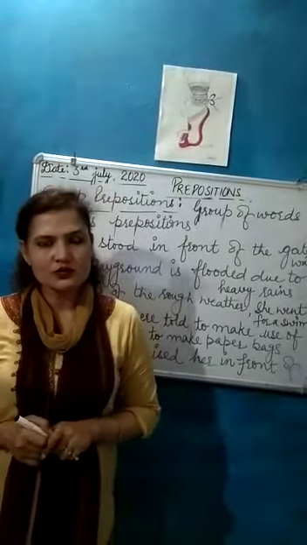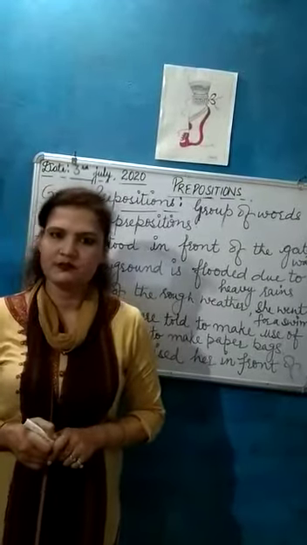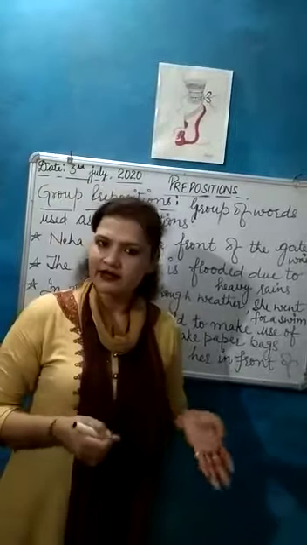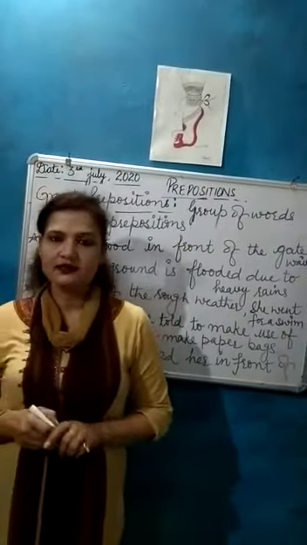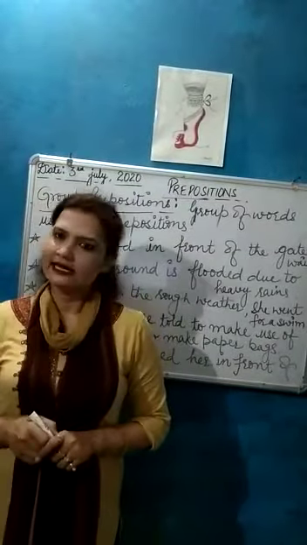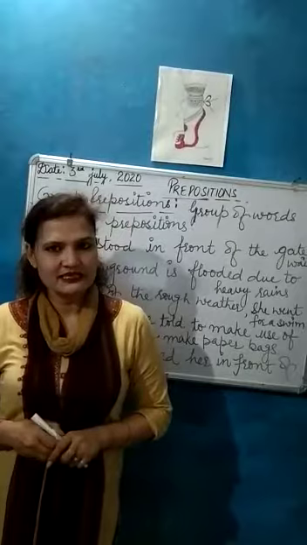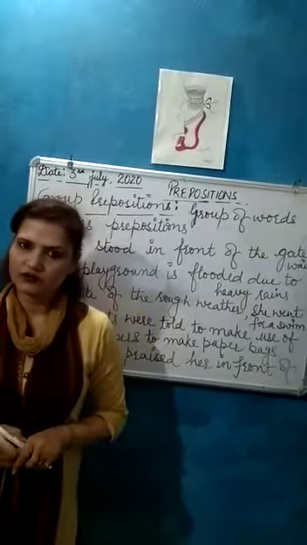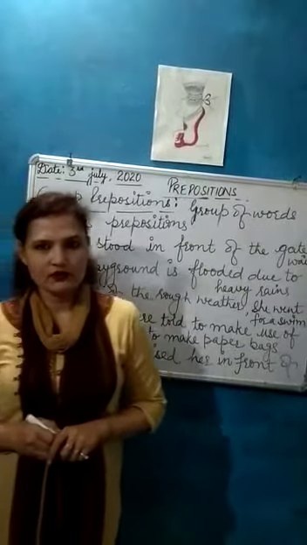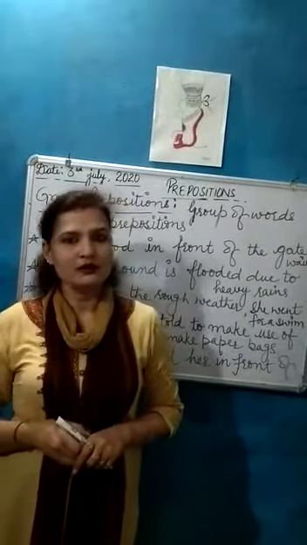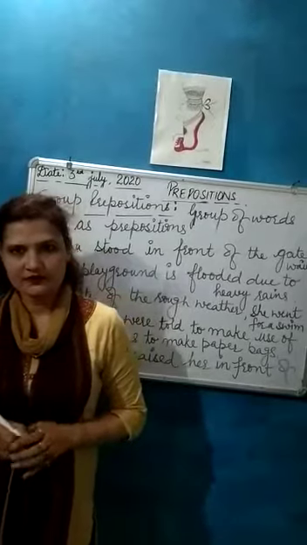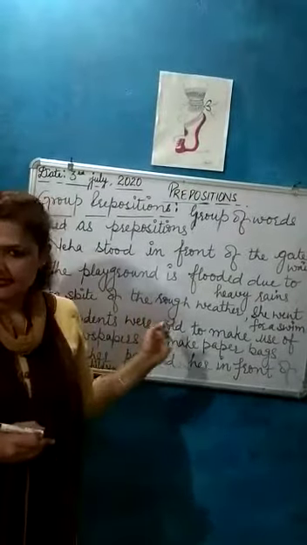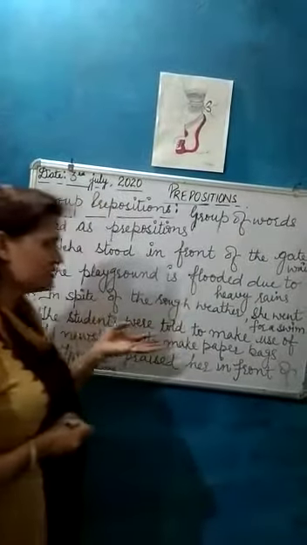They are also called phrasal prepositions. Here are some examples of group prepositions: in spite of, in case of, by means of, in front of, for the sake of, due to, on behalf of, because of, etc. Look at these examples through which it will be clear to all of you.